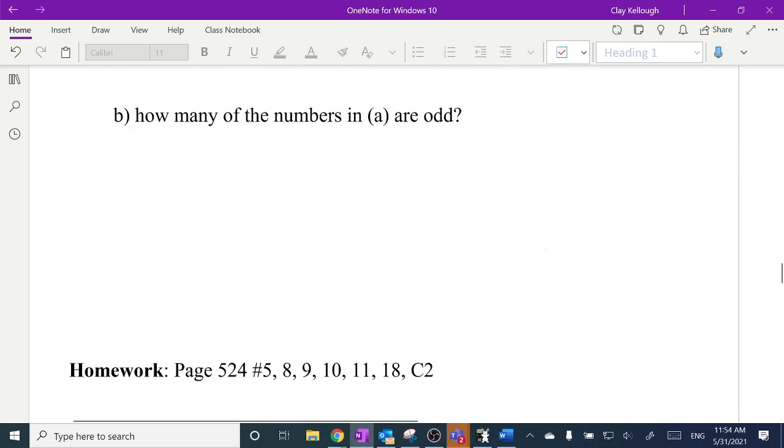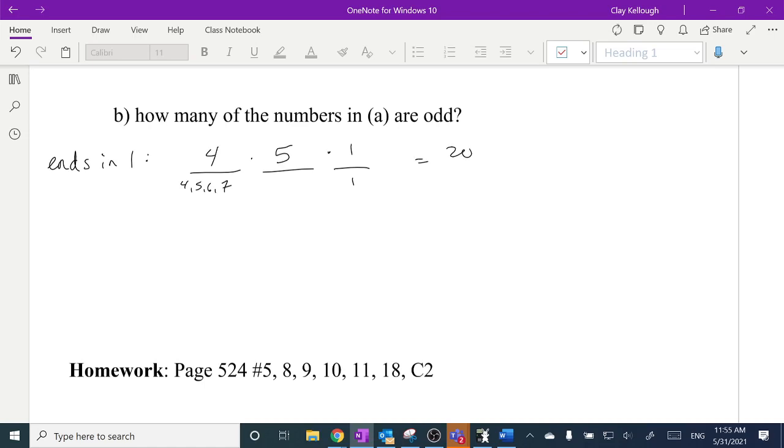But how many of these are odd? Well, I'm going to have to count these separately. Case 1, what is it? It ends in a 1. So if we end in a 1, there's only one 1. And then this can be 4, 5, 6, or 7. So there's 4 choices here, times 5 times 1, so that's 20 choices.